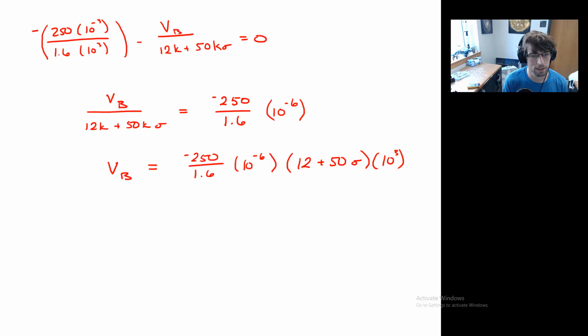And at the end of the day, we have our 10 to the 6th. We can take 3 of those out, so this is 10 to the negative 3rd. That cancels this guy. Okay. And yeah, I mean, fielder's choice at this point. So I guess we could cancel the other 3 out right here. So we have something that says negative 0.25 over 1.6 times 12 plus 50 sigma.